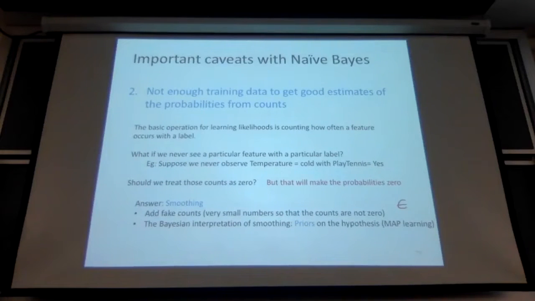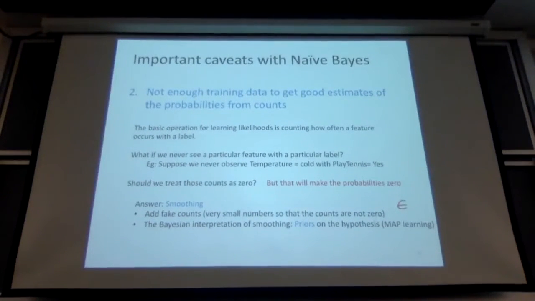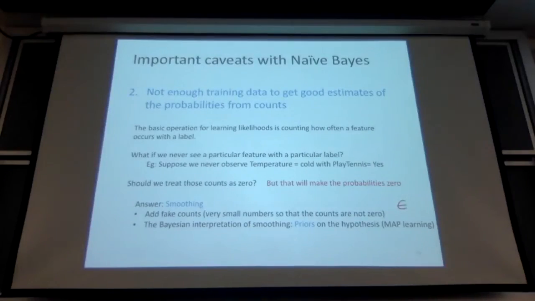If you want to sleep better at night, you can convince yourself that this is exactly the same as using a certain prior over the probabilities. So if you're doing this sort of smoothing, you're actually doing maximum a posteriori learning with a particular prior. This version is called Laplace smoothing. Like I said, there's a whole line of work on smoothing. It's a beast, and this is just scratching the surface.